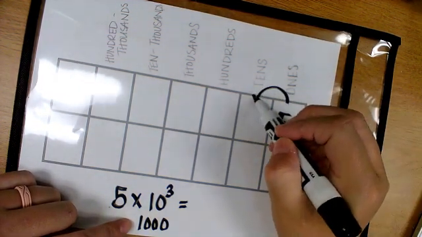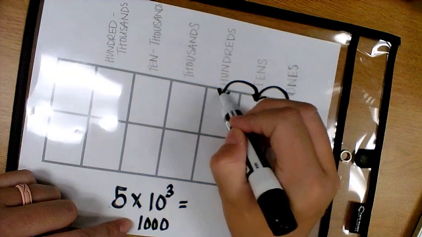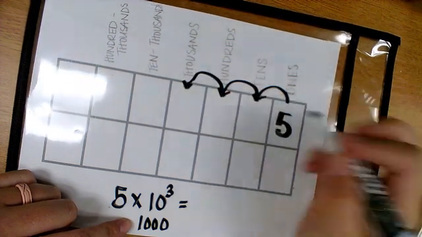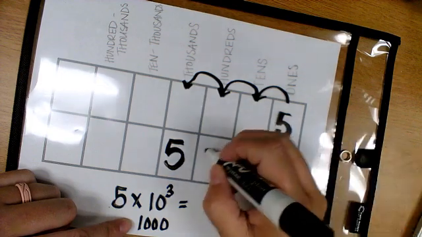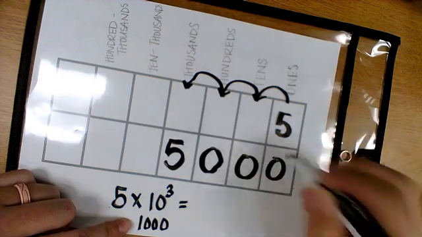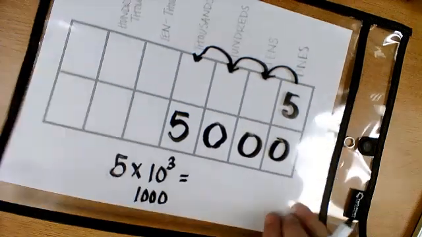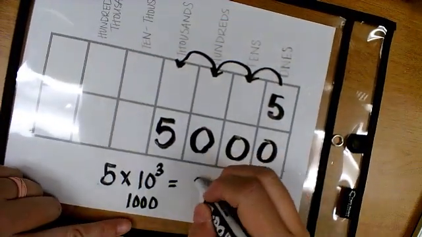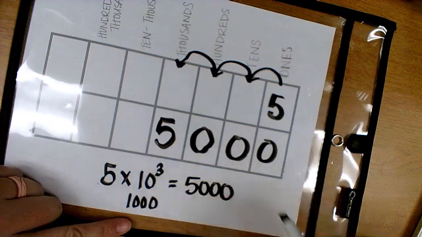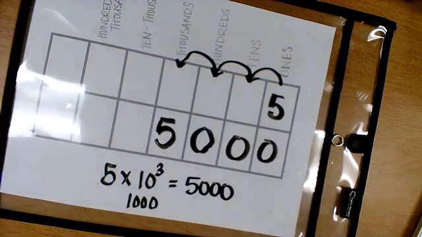So I'm going to shift once, twice, 3 times. I'm going to put that 5 there, and I'm going to fill in my zeros. So 5 times 10 to the third power is 5,000. Or 5 times 1,000 is 5,000.